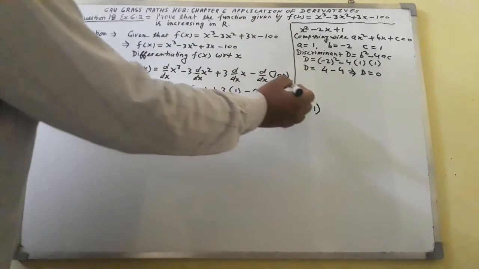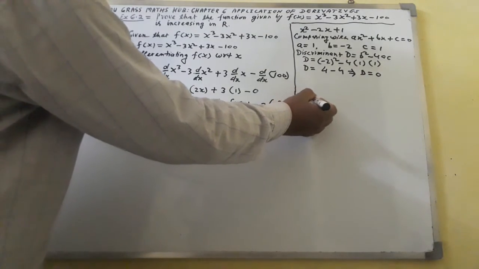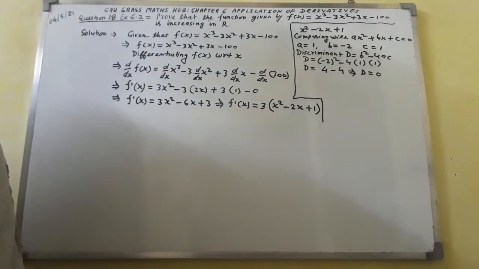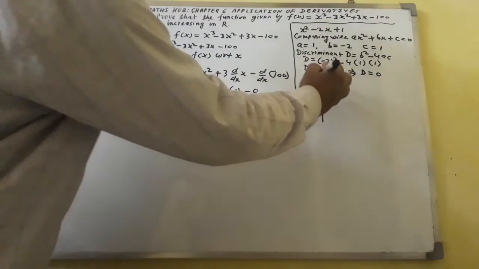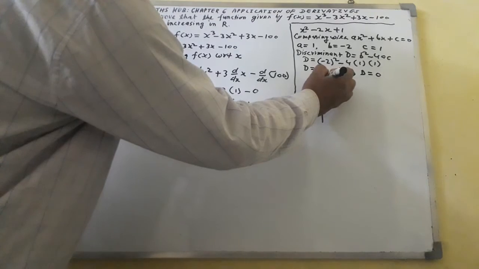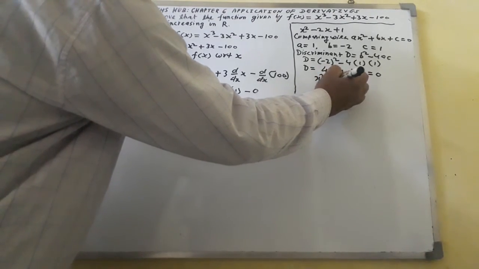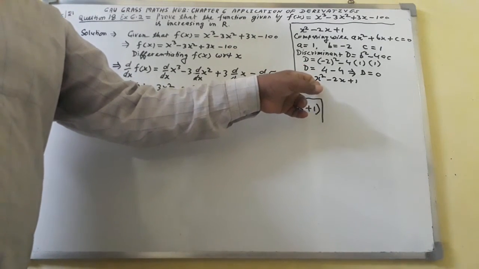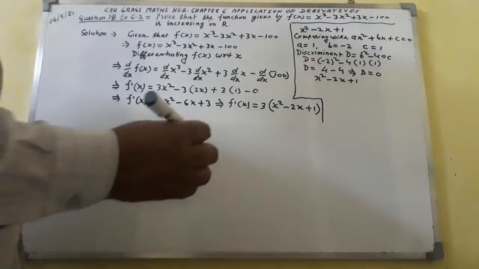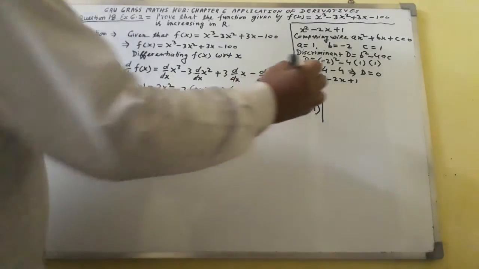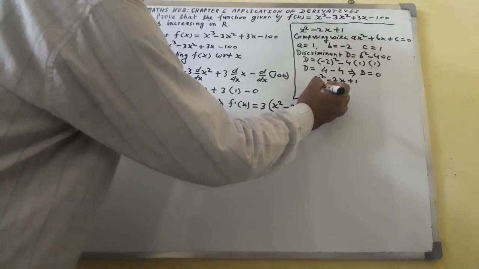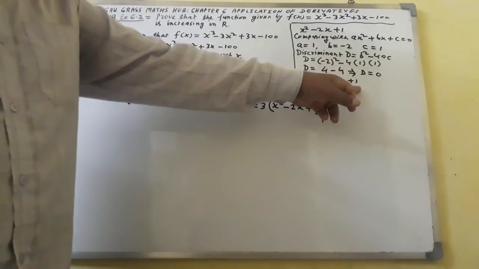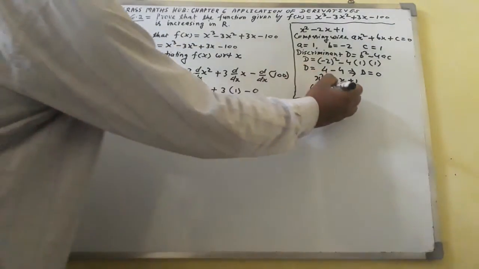So let us see how this quadratic equation is going to be factorized here. What to do here? Here I shall write the original quadratic equation x square minus 2x plus 1. First of all, take out the coefficient of x square, which will be plus 1, and the constant, which will be plus 1.